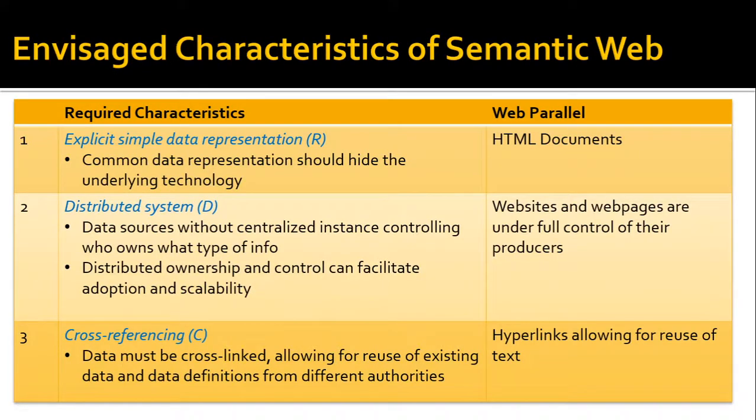Now, let us try to see what are the envisaged characteristics of the semantic web, or the characteristics that we want to see in the semantic web, and try to see what are the parallel constructs in the web, right? So the first thing that we need to have is a very simple and explicit data representation, right?